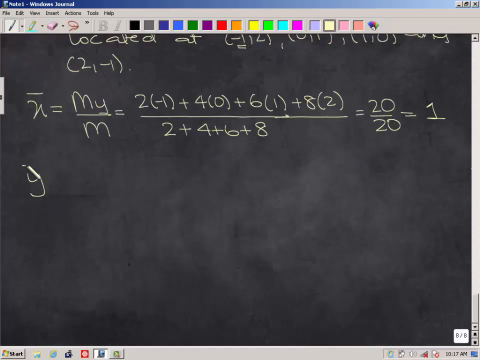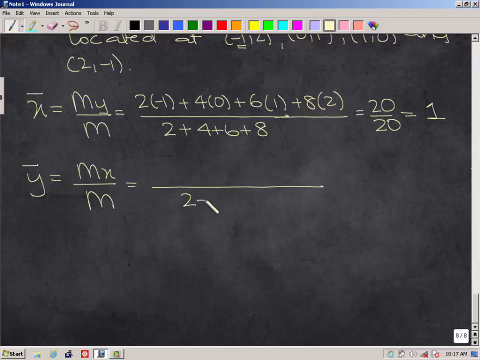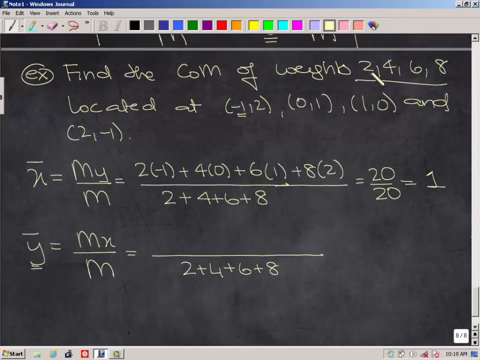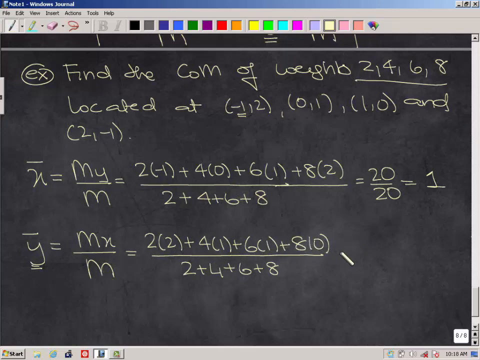To find the y coordinate of the center of mass, you take M sub x over M. M stays the same, 2 plus 4 plus 6 plus 8, the sum of all the masses. On the top this time, since we're finding y, we multiply each weight by its y value. So we get 2 times 2 plus 4 times 1 plus 6 times 0 plus 8 times -1. Wait, did I miss a negative?